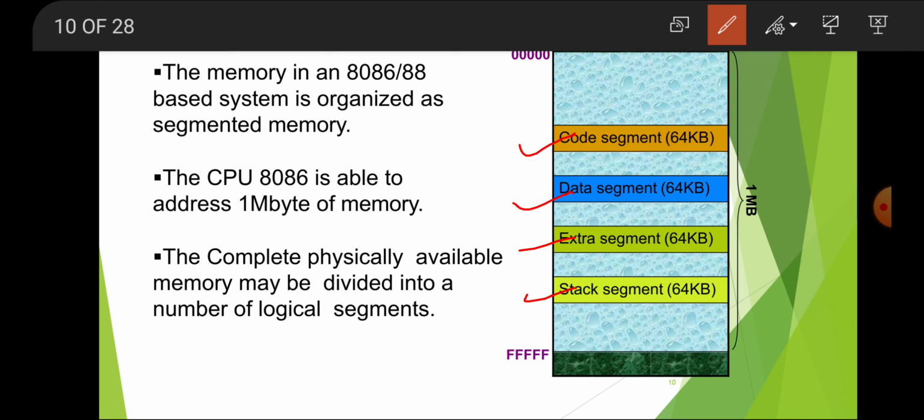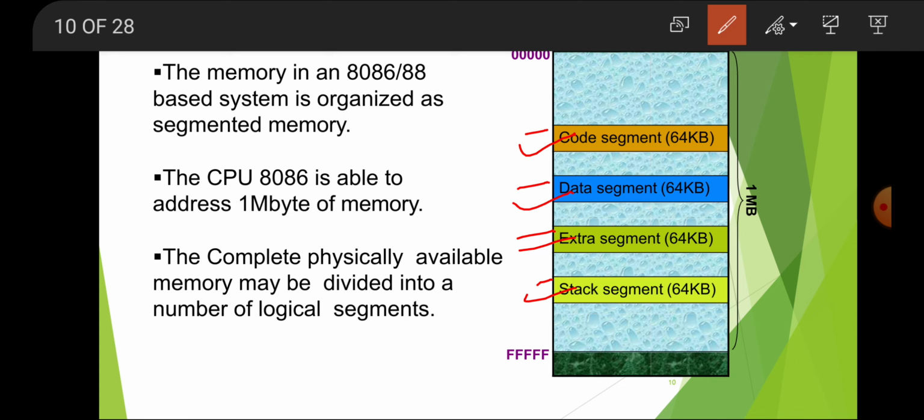Each 64 kilobyte segment has some address at the top. The code segment stores only code, and the data segment and extra segment store the data.